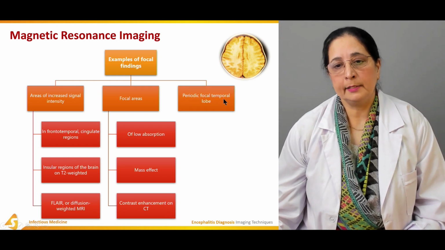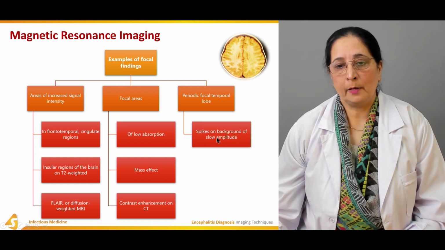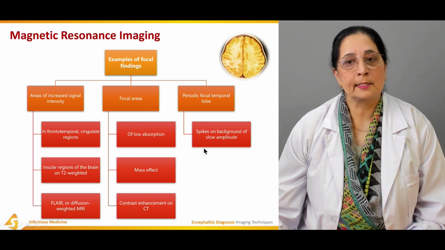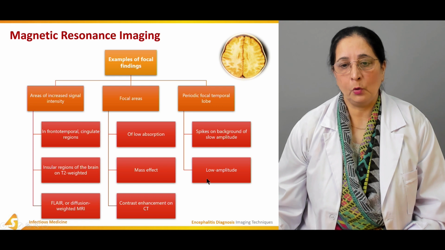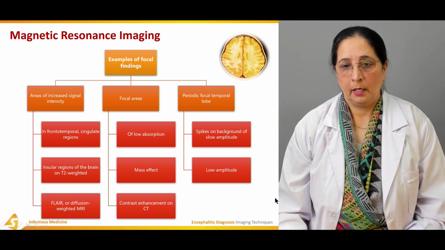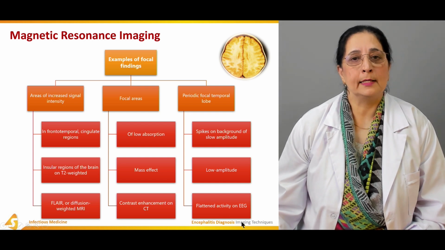Periodic focal temporal lobe spikes on a background of slow amplitude are present, and then we have low amplitude and flattened activity on electroencephalogram.